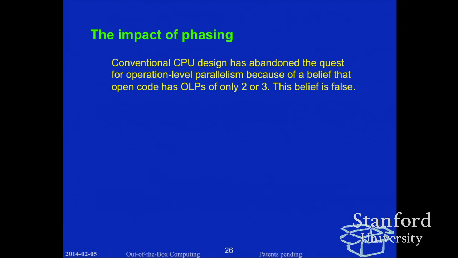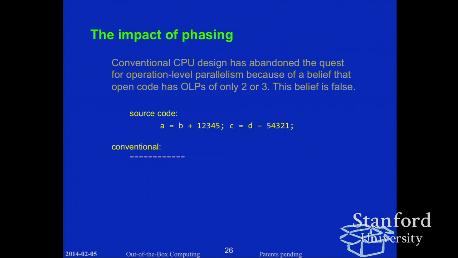Well, it turns out that's false. In particular, out-of-order machines avoid it, but so does the Mill. Say we have two data flows. These are, again, very simple for illustration. On a conventional machine, you could do the two cons in parallel.